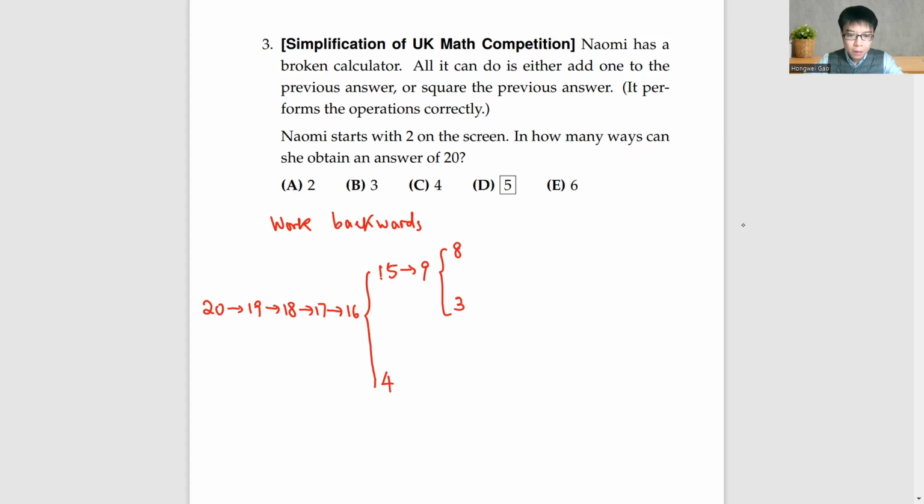And then for 8, we reduce 8 to 7, 6, 5, 4. That's the unique path. But for 4, we have 2 ways, either from 3 or from 2: 3 plus 1 or 2 squared. Now for 3, we get 2 by subtracting 1. 2 is already there. So 3 comes from 2.